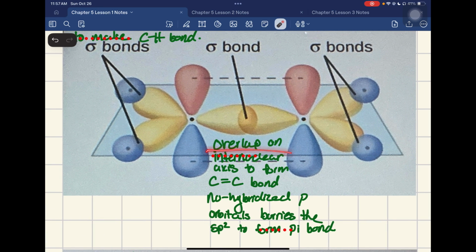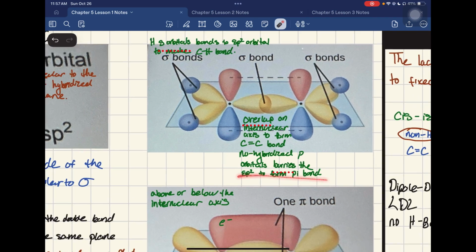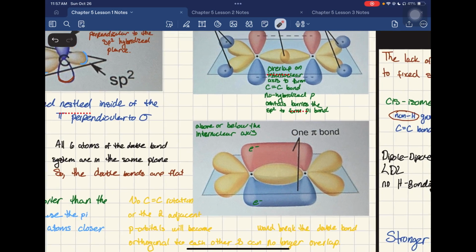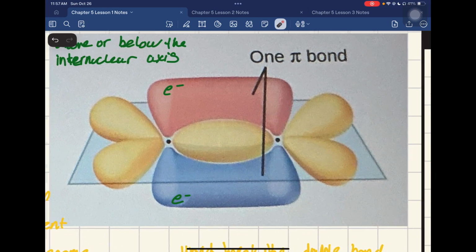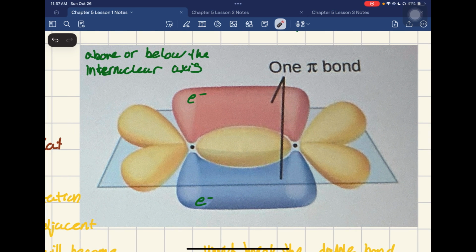So then overlap on the internuclear axis forms the carbon-carbon double bond. The non-hybridized p orbitals overlap sideways, alongside the sp2 framework, to form the pi bond, which is what we see down here. This is one pi bond forming, and this is the p orbital that was not hybridized.